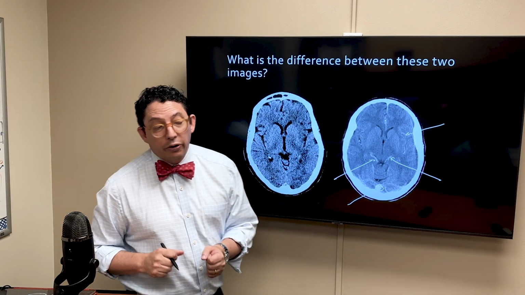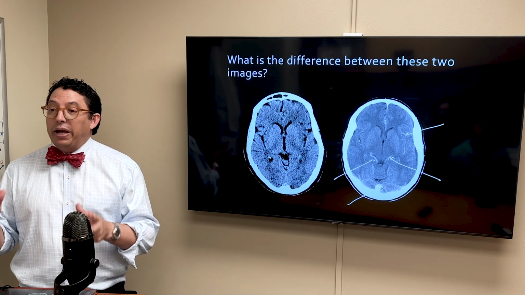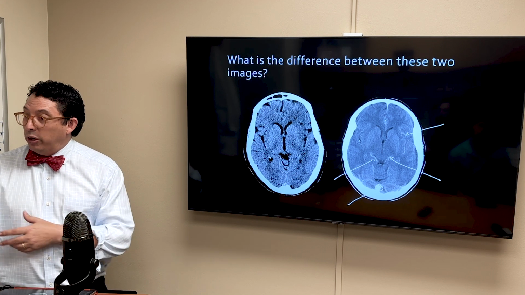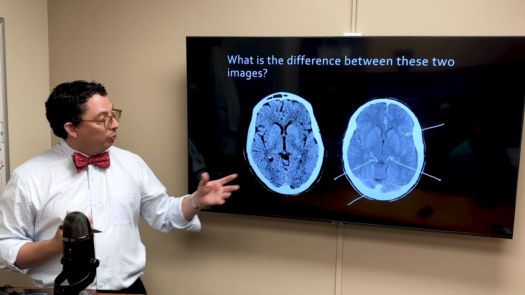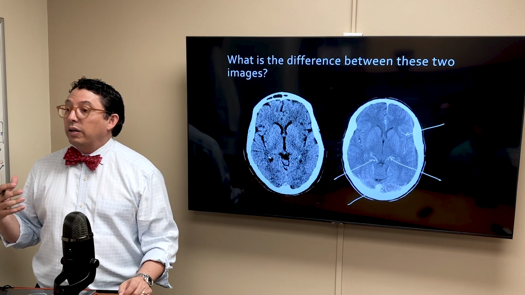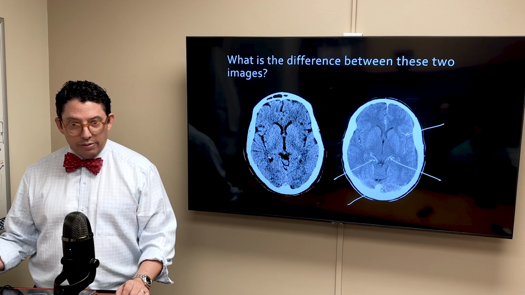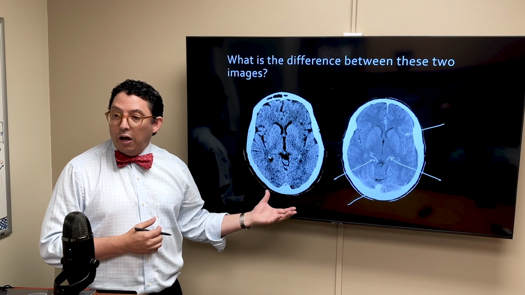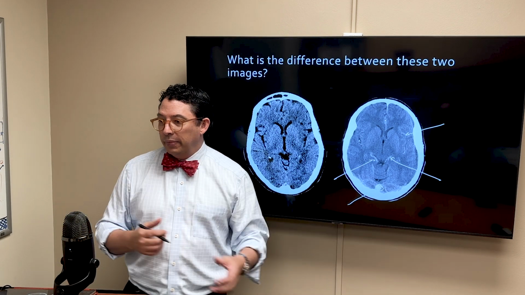The difference here is based on something that I put into the patient's body that was denser than regular blood, which makes the vessels, and these are blood vessels, look denser. That's what we call contrast. So this is a CT without contrast, and this is a CT with contrast.